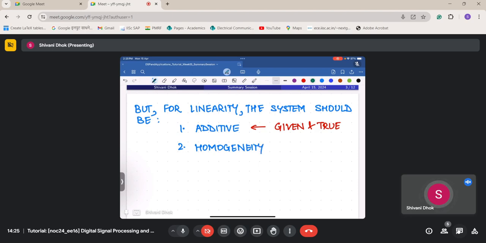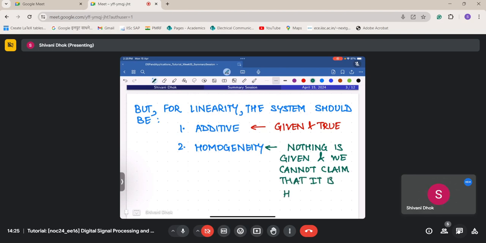And for this thing, nothing is given, and we cannot say anything, or rather we cannot claim that it is homogeneous.